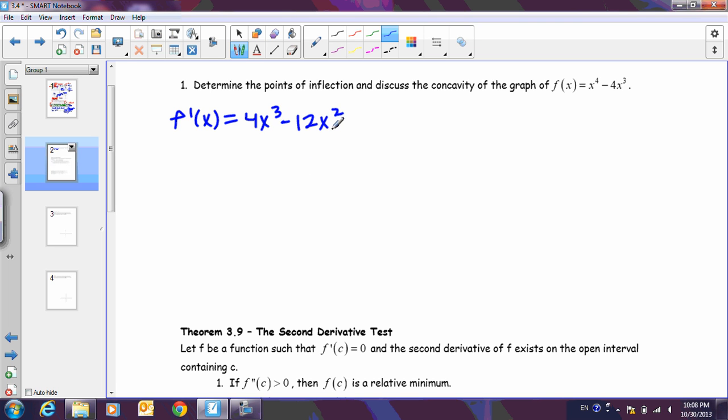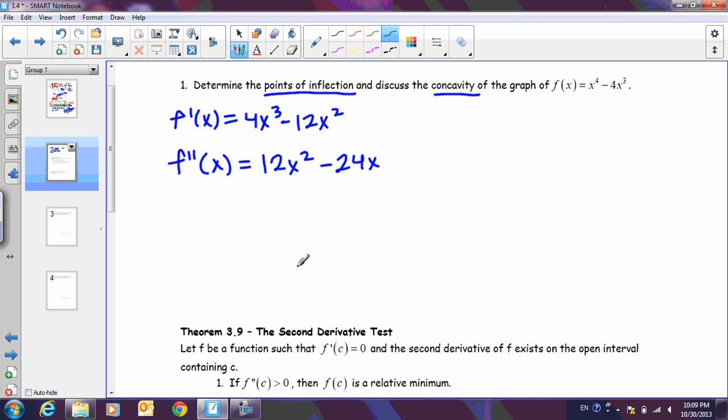If I wanted to do all that stuff we did before, relative mins, relative maxes, increasing, decreasing, I would go ahead and set this equal to 0. I would find my critical numbers and all of that. But because this is only asking me about points of inflection and concavity, this is all second derivative stuff. So I need to go ahead and find the second derivative. So I take the derivative of the derivative.